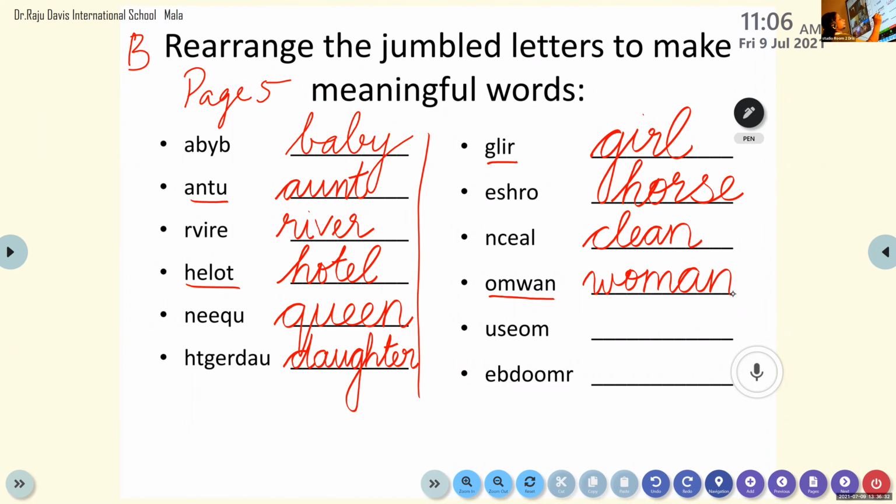It is mouse, my dear. It is mouse. Okay. M-O-U-S-E, mouse. All of you, please do write it.